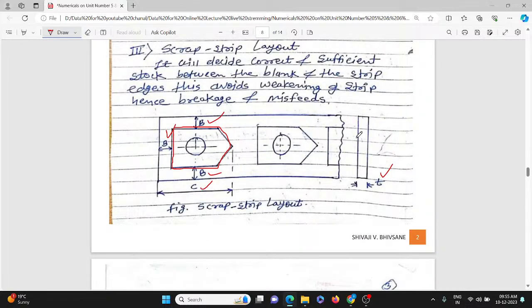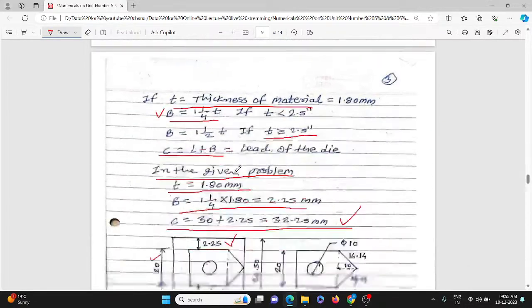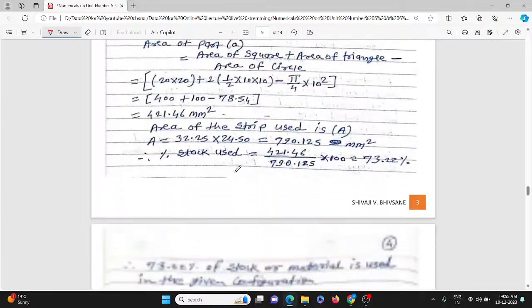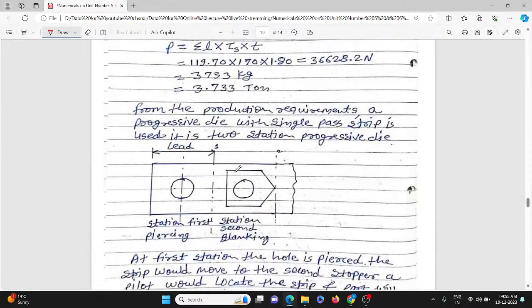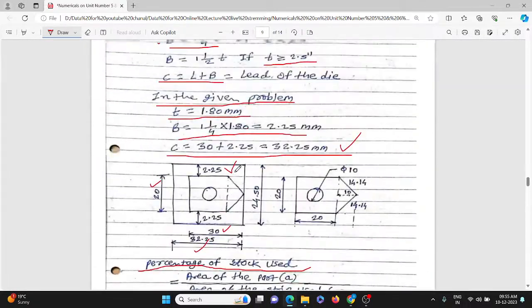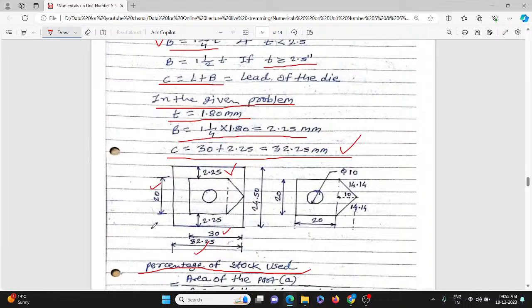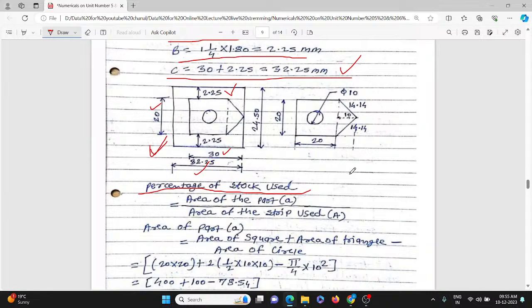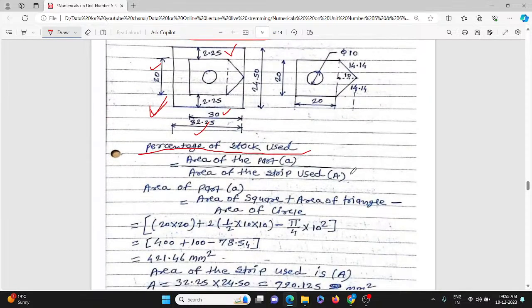Okay, so here you can see, this one is the part A. So that is the area of part A that you have to calculate. What is the area of part A?